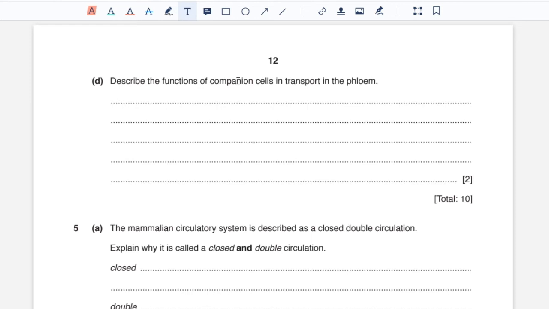Now that a gradient is created, the hydrogen ions would move back into the cytoplasm of companion cells down the potential gradient, using a transport protein known as a co-transporter protein, which allows the movement of sucrose from spongy mesophyll cells into companion cells so that they are able to diffuse through the plasmodesmata and into phloem sieve tubes.